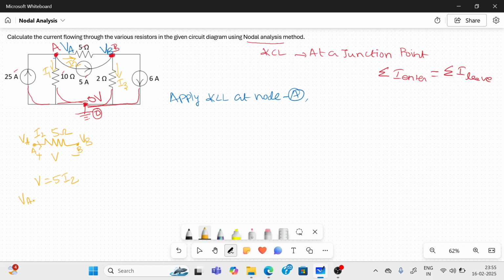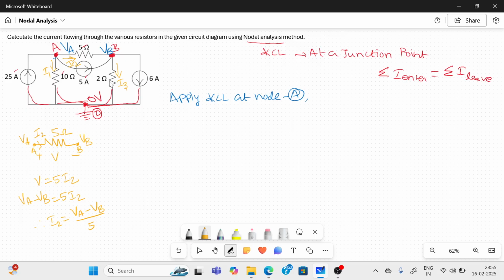V is nothing but VA minus VB, which is equal to 5 I2. So I2 is nothing but (VA minus VB) by 5.